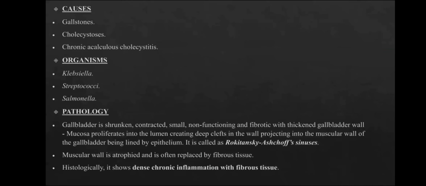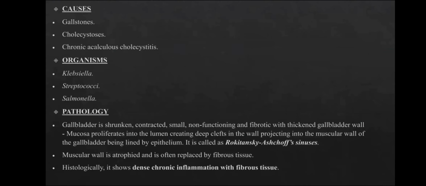The causes told are gallstones, cholecystosis, that is cholesterol accumulation, and chronic acalculous cholecystitis. The organisms told are Klebsiella, Streptococci, Salmonella, etc. The pathology is that the gallbladder is shrunken, contracted, non-functioning and fibrotic, and the wall will be thick.